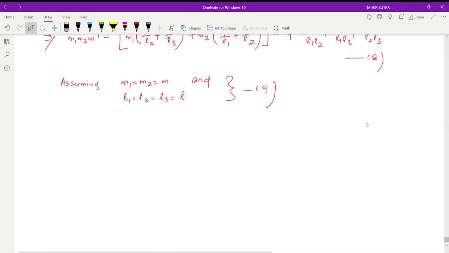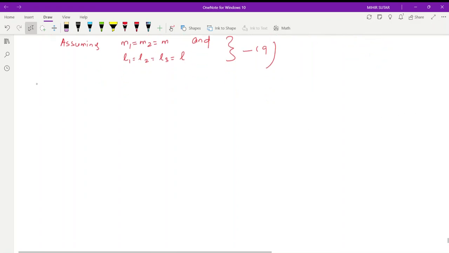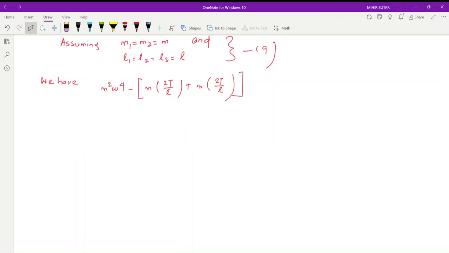We'll have M square omega to the power 4 minus M into 2T by L plus M 2T by L, omega square plus 3T square by L square is equal to 0.